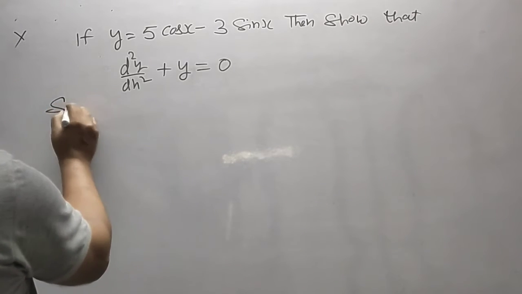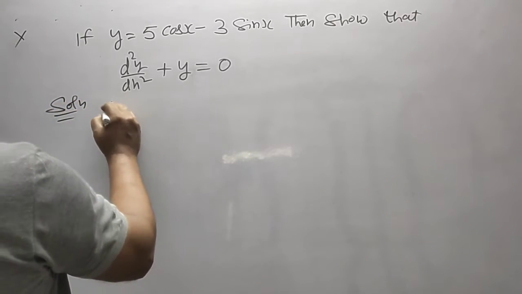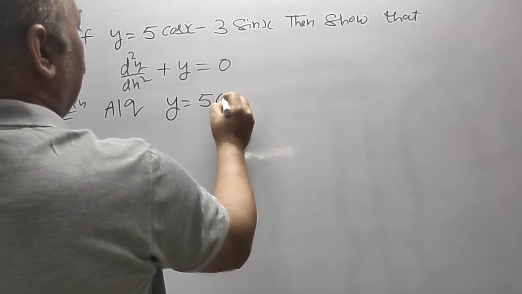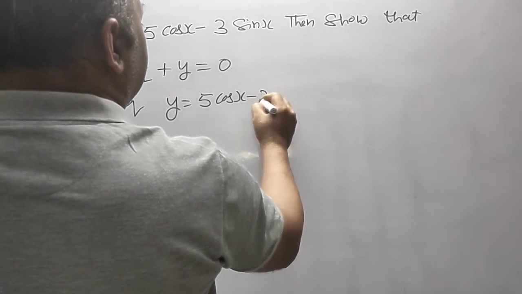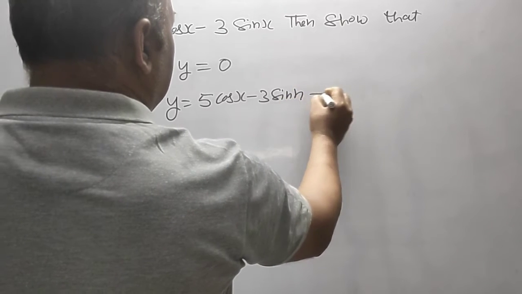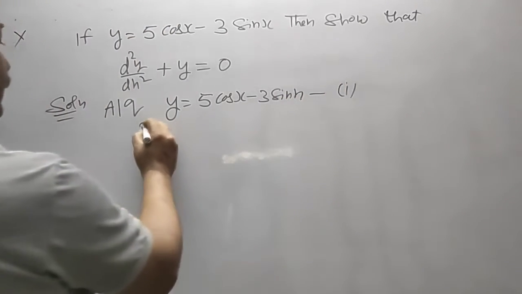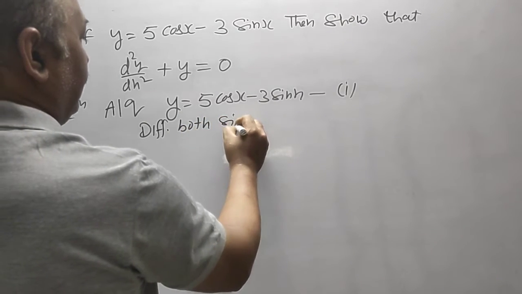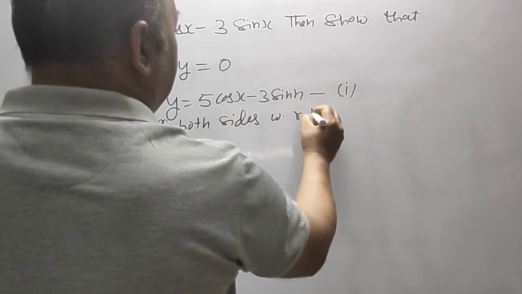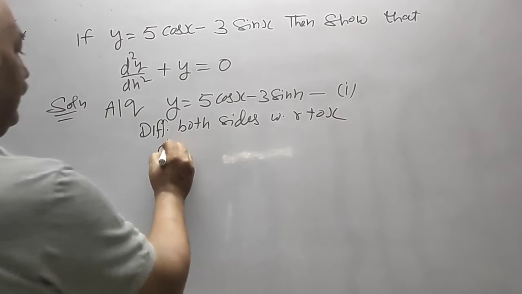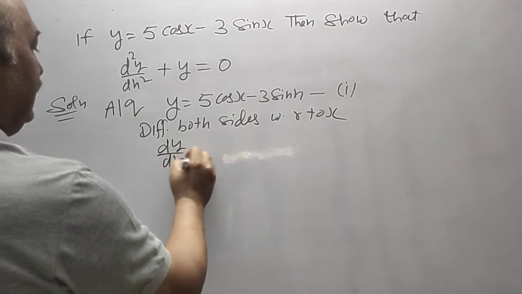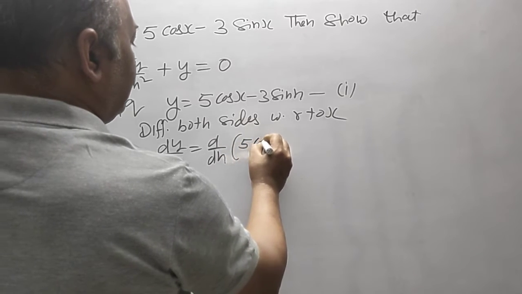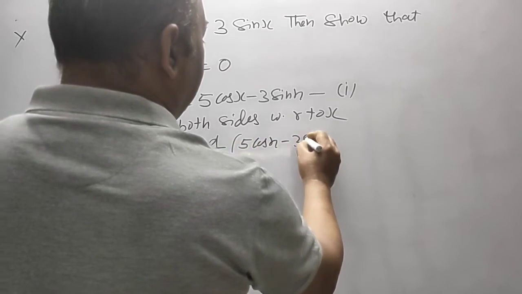Solution. According to the question, y is equal to 5 into cos x minus 3 into sin x. That is equation number 1. Differentiating both sides with respect to x, we get dy upon dx is equal to d upon dx of 5 into cos x minus 3 into sin x.